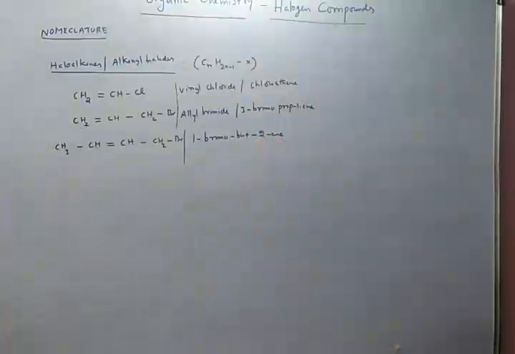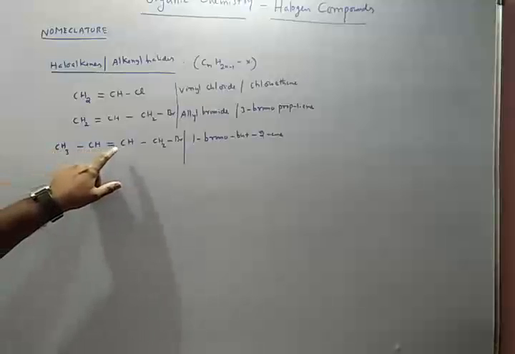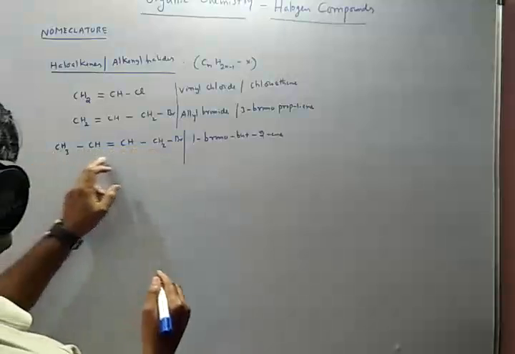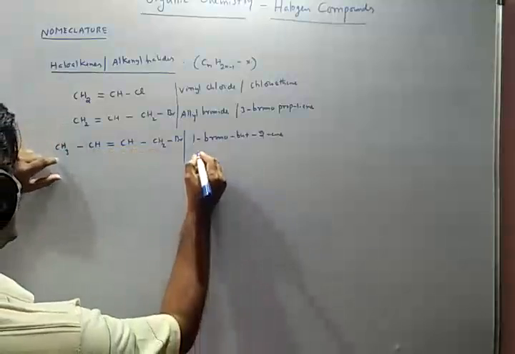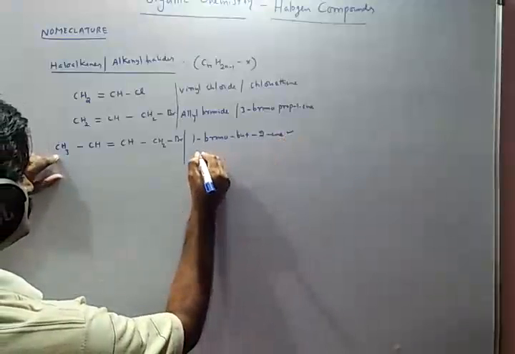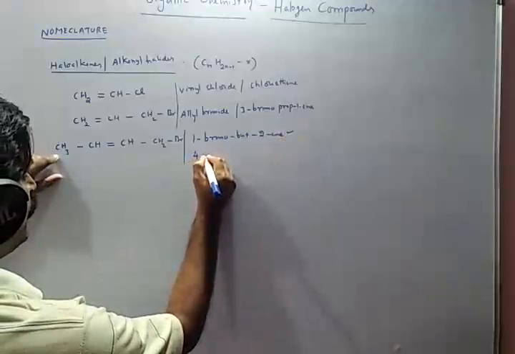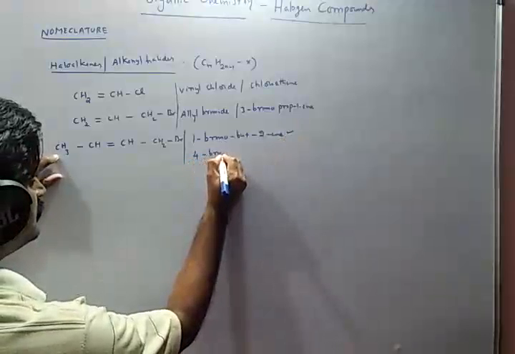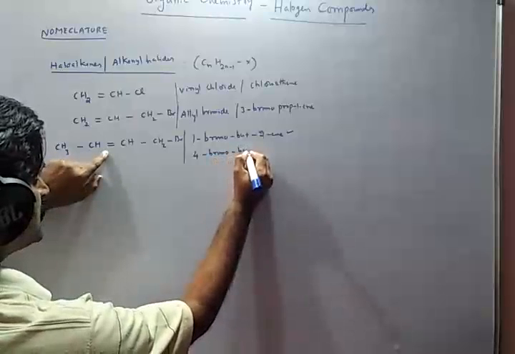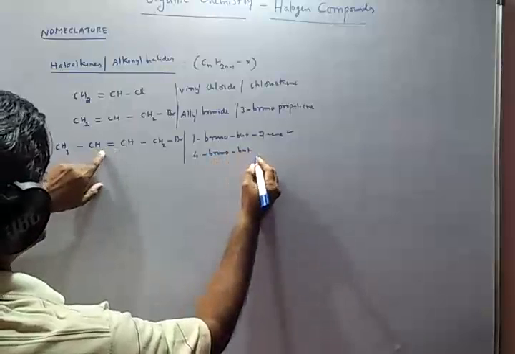Okay. Why? Because 1, 2, 3, 4. If you write according to the double bond priority only, then what will happen? This will be 4-bromobut-2-ene.